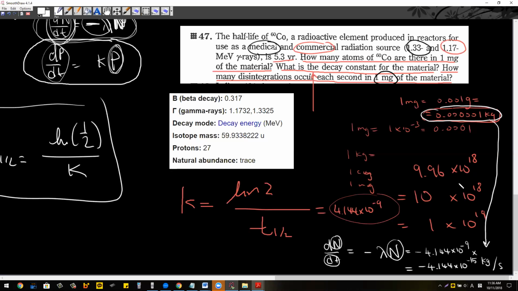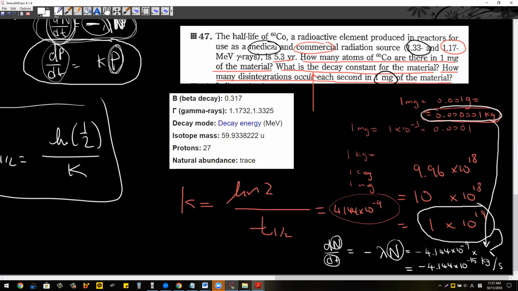Oh yeah, this was how many atoms there are. So we can actually plug that in here as well, then we get the becquerel exactly. Anyway, I just wanted to show you a different perspective. If you put this number in, then you get how many kilograms you're losing per second.